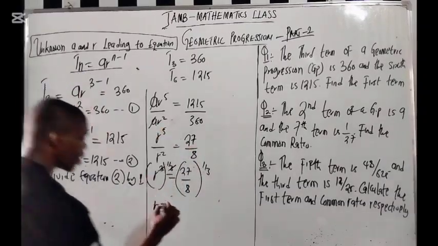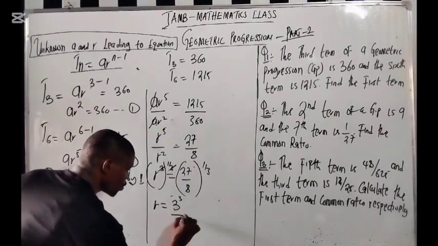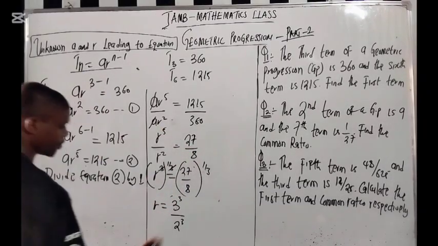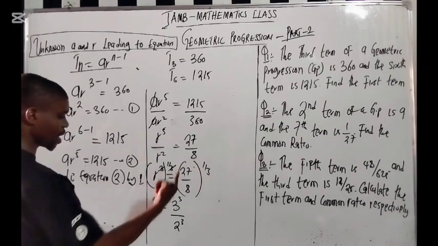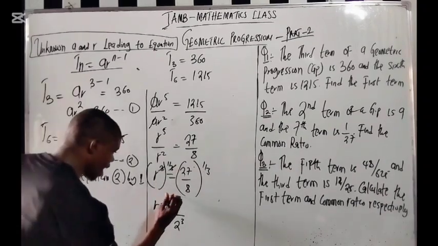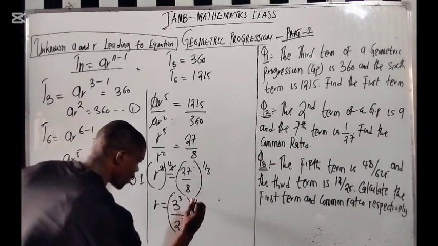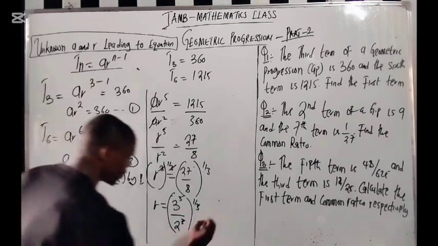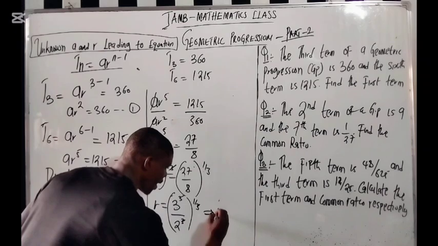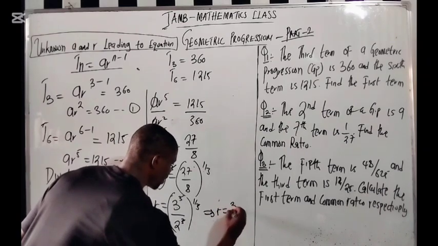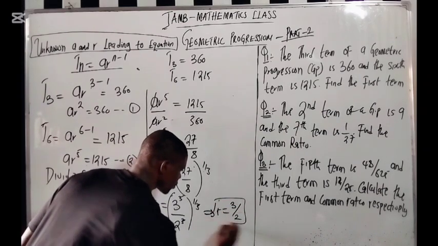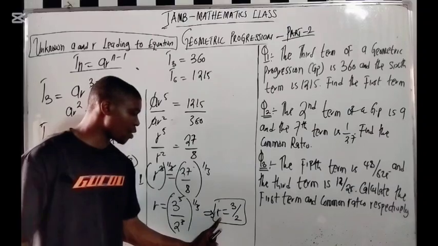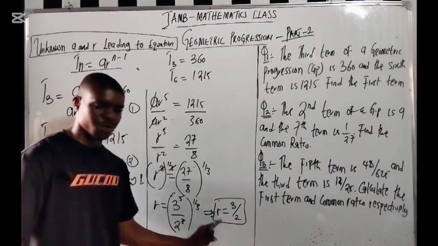Do you know the reason why? Because 3 raised to power 3 is 27, and 2 raised to power 3 is 8. So the 1/3 cancels out the power 3 here and here. So my r equals 3/2. My common ratio is 3/2.